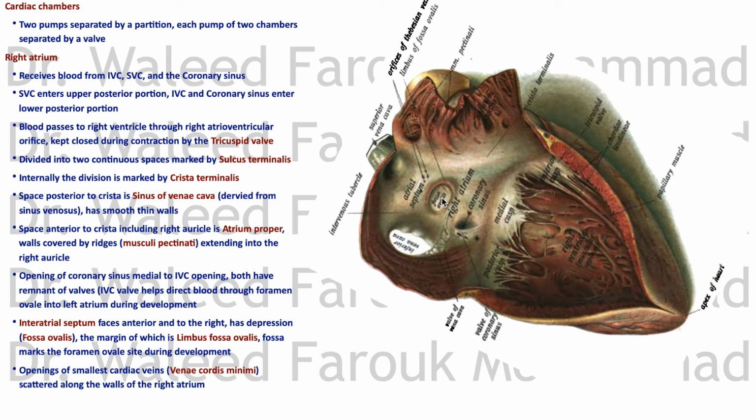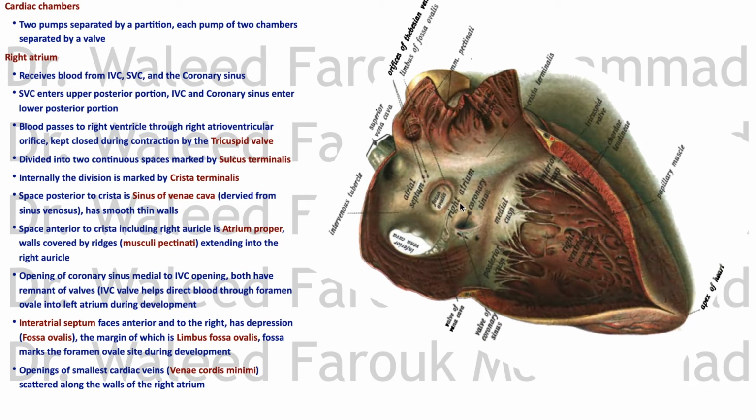This fossa was open before to allow for the passage of blood from the right side to the left side to be pumped to the body of the fetus, and it closes at birth. At the moment the newly born takes his first breath, some changes occur in the body.